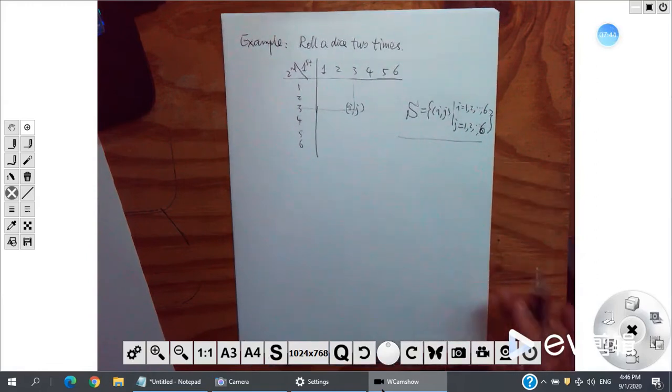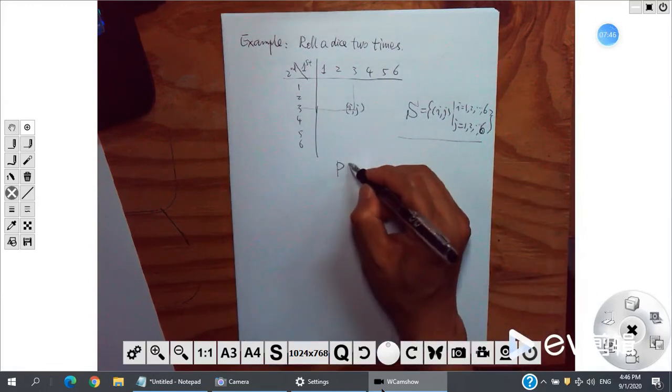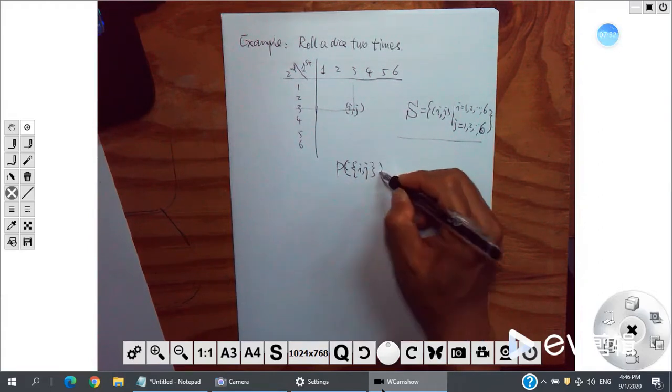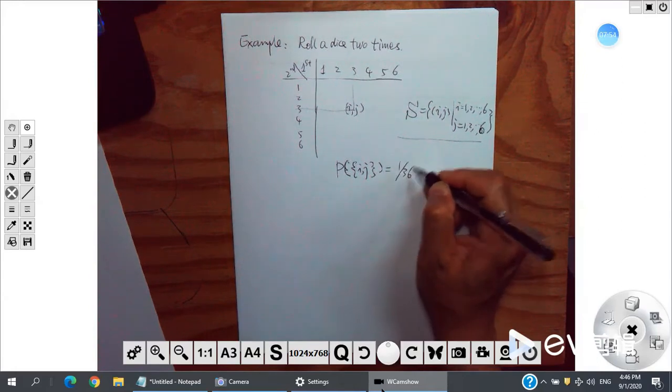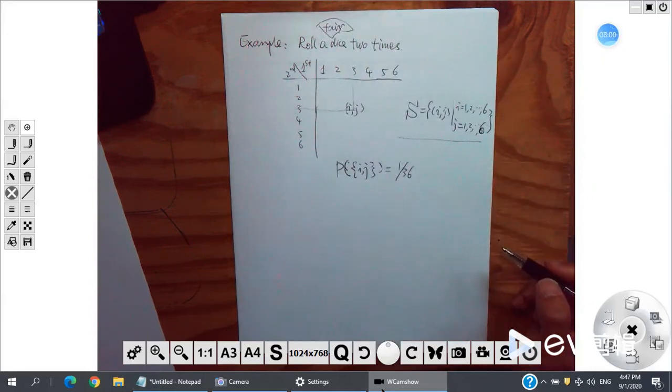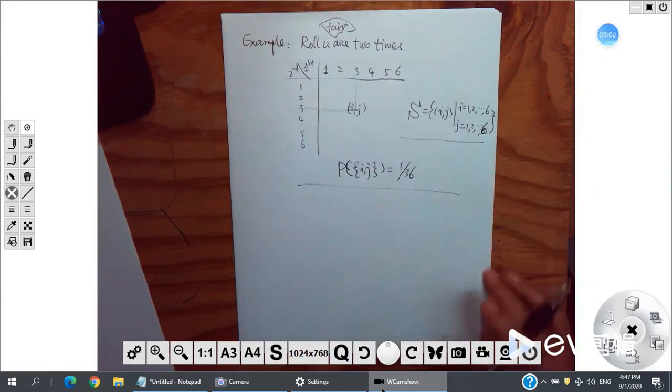And each probability is 1 over 36. Suppose this is a fair die. Then we have the model looking like this.